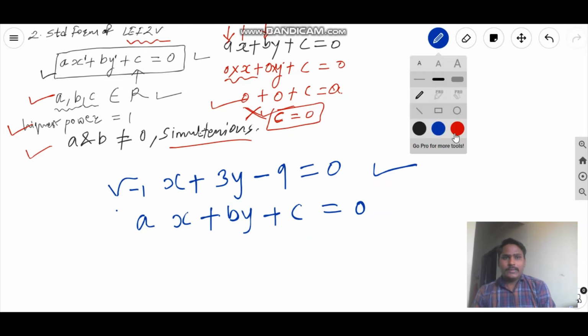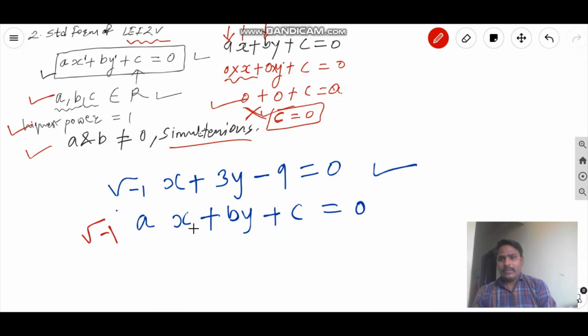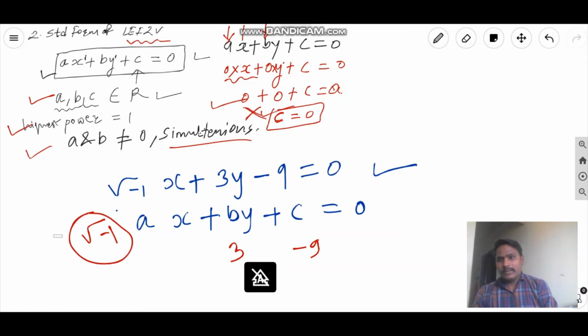What do we get here? Here the value of a is root of minus 1, b is 3 and c is minus 9. But what is root of minus 1? Is it a real number or a non-real number? It is not a real number, it is a non-real number.